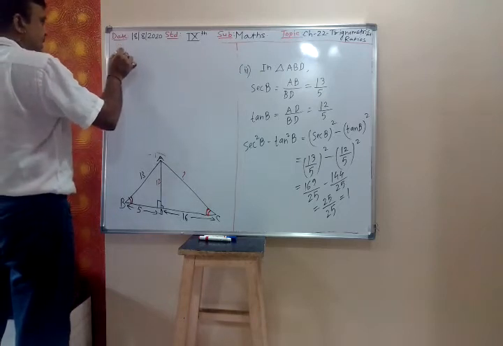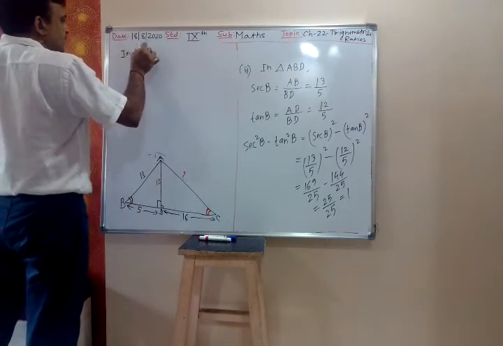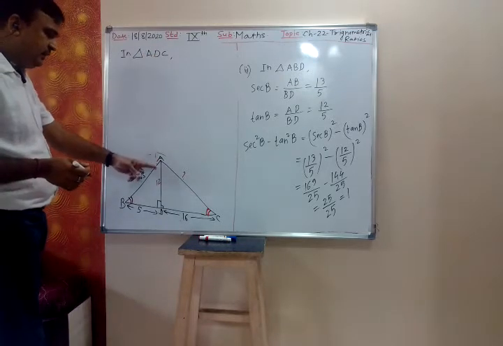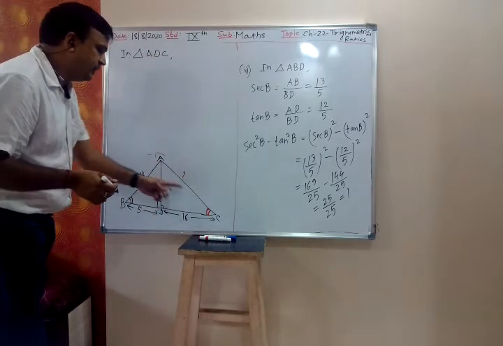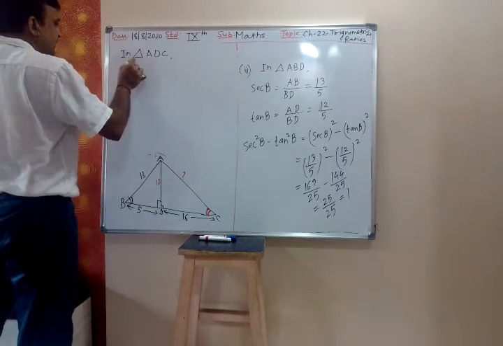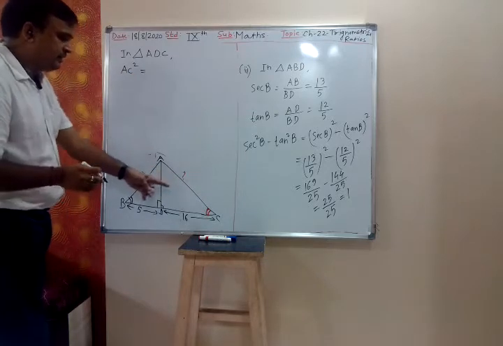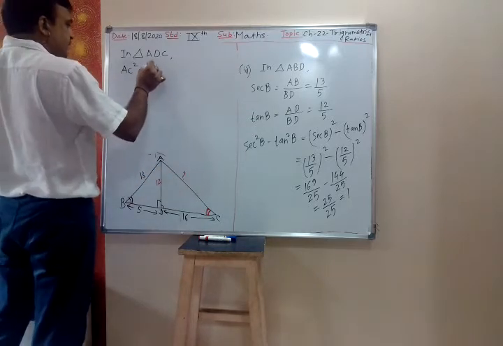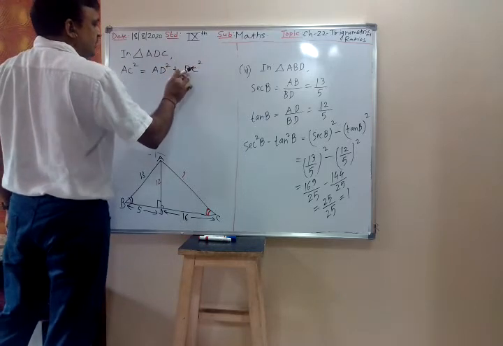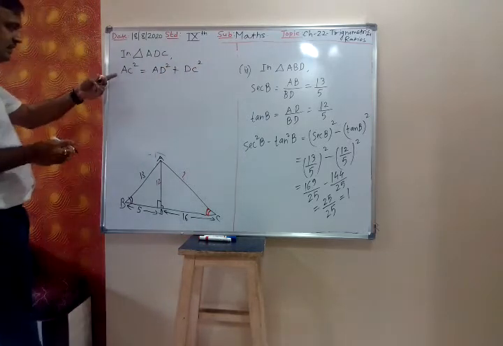In triangle ADC we use Pythagoras theorem. AD square plus DC square is AC square. Hypotenuse square is the sum of the squares of the other sides.